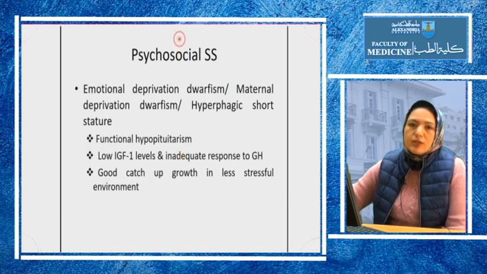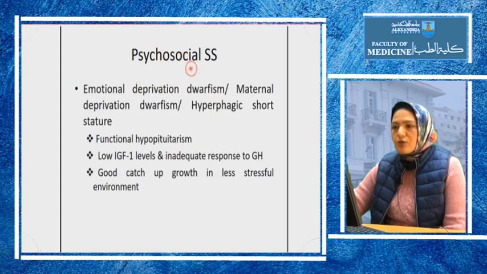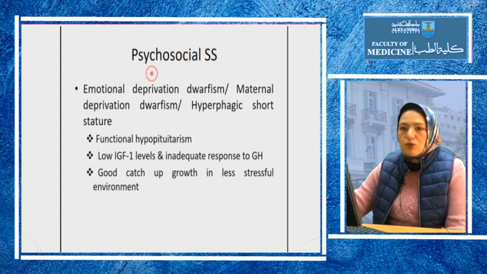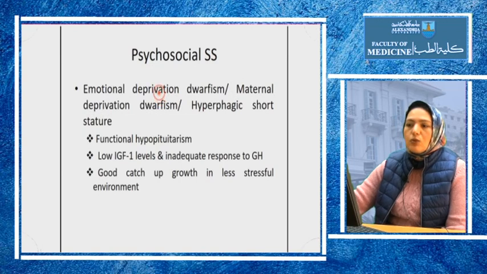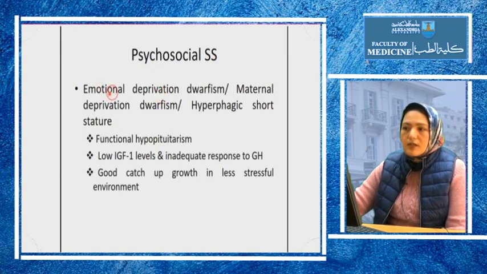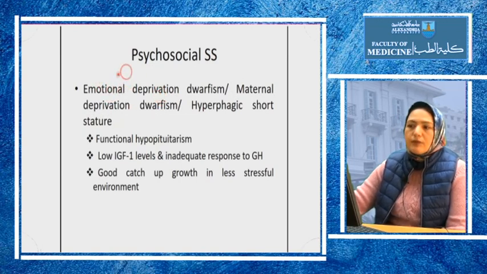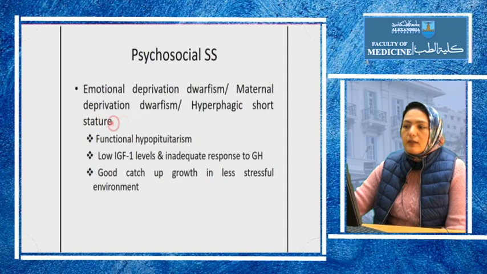Finally, the psychosocial dwarfism or psychosocial short stature. This means that after exclusion of any organic disease, you have to ask about the psychiatric history of the patient. So patients suffering from psychiatric disorders including emotional deprivation syndrome or maternal deprivation syndrome or hyperphagic short stature may suffer from what is called functional hypopituitarism.